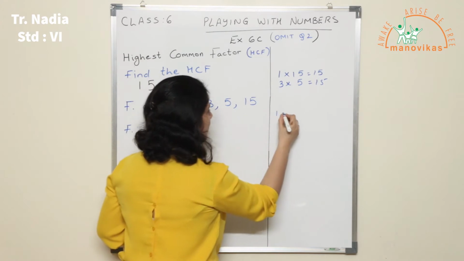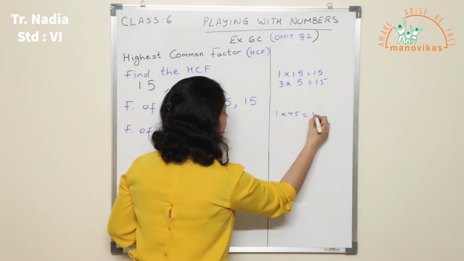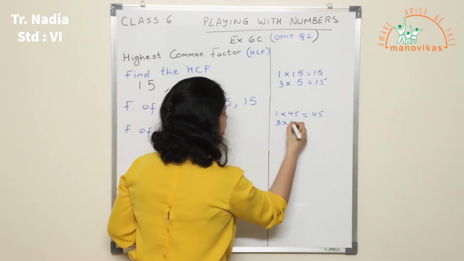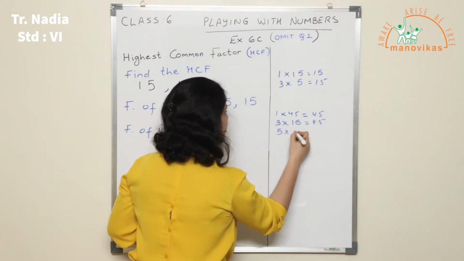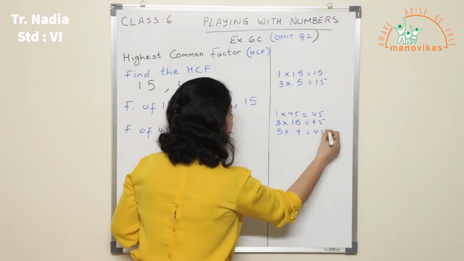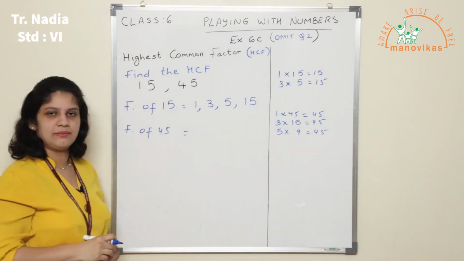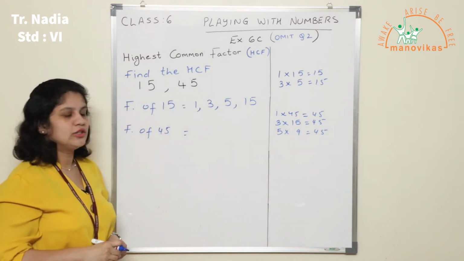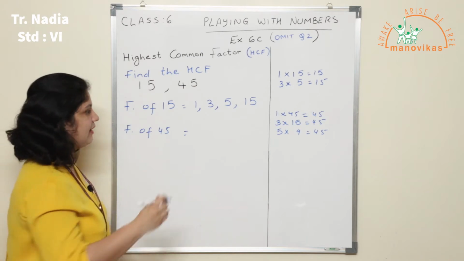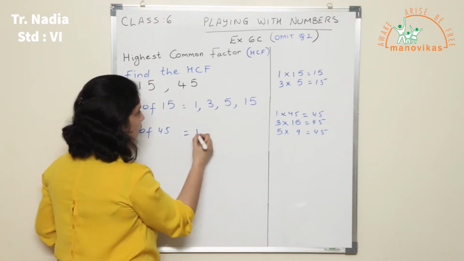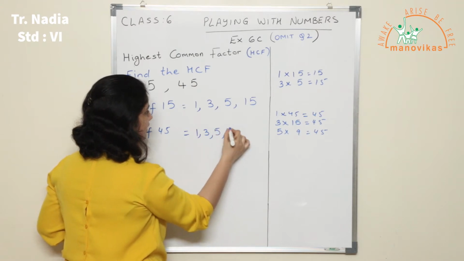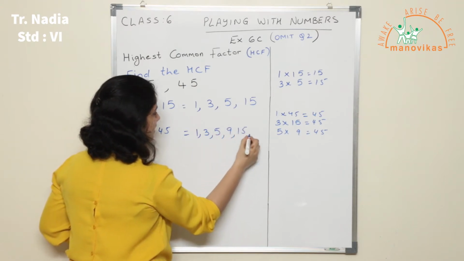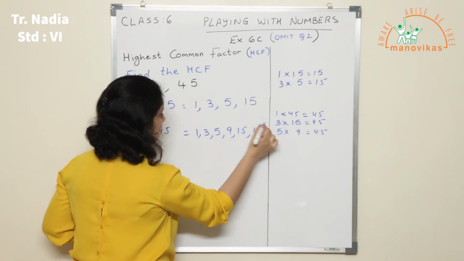We know that 1 multiplied by 45 is 45. 3 15s will give me 45. 5 9s will give me 45. These are the various tables in which 45 comes. So the numbers which can completely divide 45 are 1, 3, 5, 9, 15 and 45.